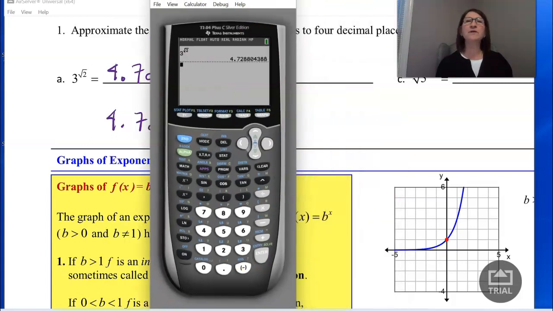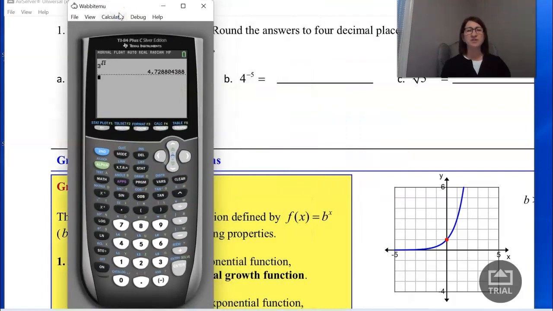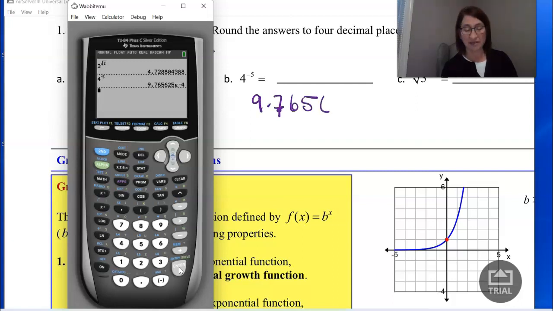Now let's look at this next one. That's 4 to the negative 5. I'm going to put in my base of 4, and that is going to be raised to the negative, my negative is down here in the corner, negative 5. Then I press enter. This one is interesting because it gives me 9.765, and then this e to the negative 4.